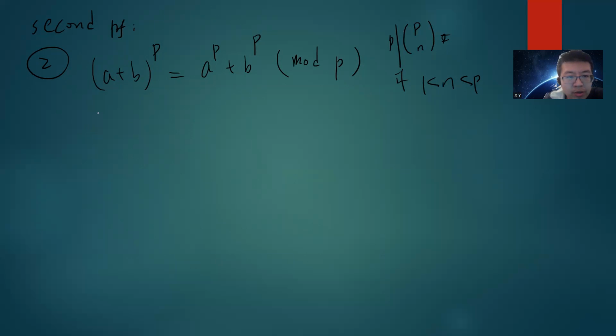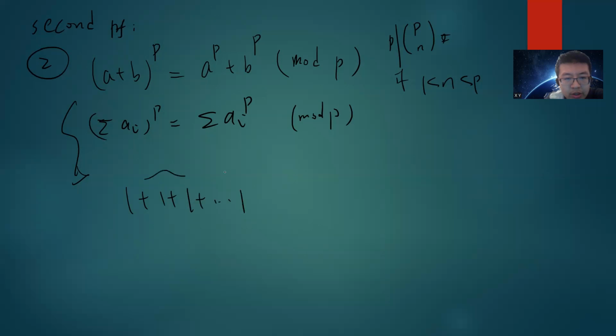One can check more generally that the sum of the a_i to the p is the sum of a_i to the p mod p. Using this, let's add 1 plus 1 plus 1, a of them, and raise it to the power p. This will be a to the p.